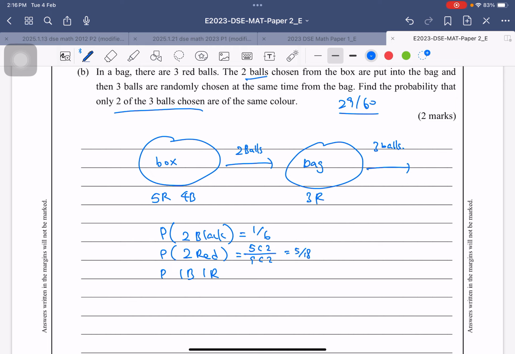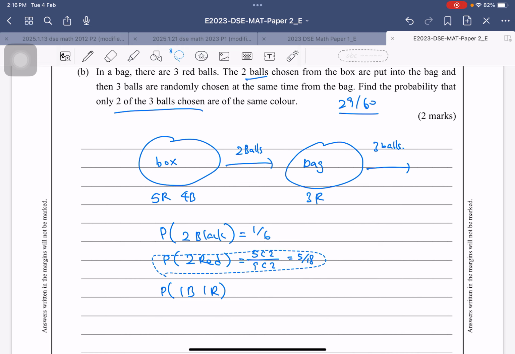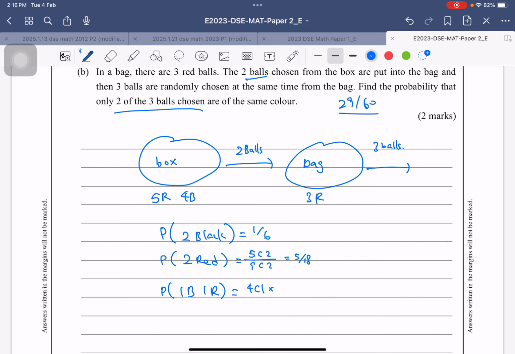And then for the last one, 1 black, 1 red, what's the answer for that? How are you going to calculate it? 4C1 times 5C1, divided by 9C2.